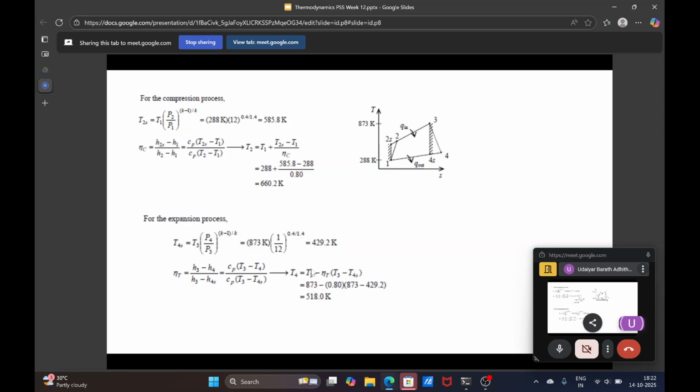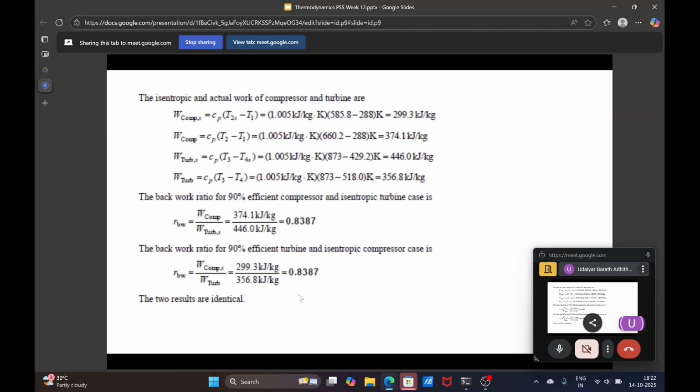Substituting the values, T3 is 600 degrees Celsius or 873 Kelvin, T4s we found is 429.2 Kelvin, and the turbine efficiency is given as 0.8. That gives the temperature at the exit of the turbine to be 518 Kelvin. Now we find out the work done for an ideal compression process, which is an isentropic compression process, and similarly for the actual compression with the isentropic efficiency of 0.8, and similarly for the turbine.